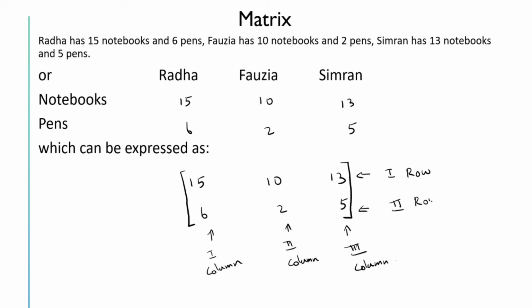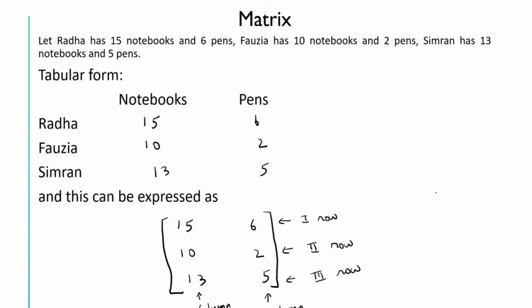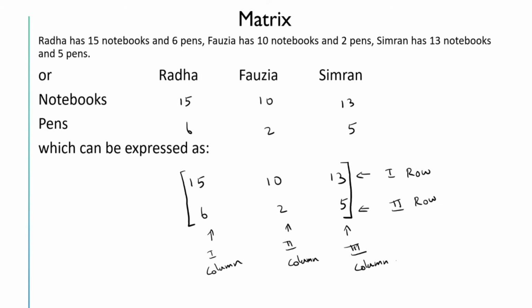So we can either represent it like this in the form of 3 rows and 2 columns, or we can represent it as 2 rows and 3 columns. So an arrangement or a display of this kind is called a matrix. This is basically called a matrix.